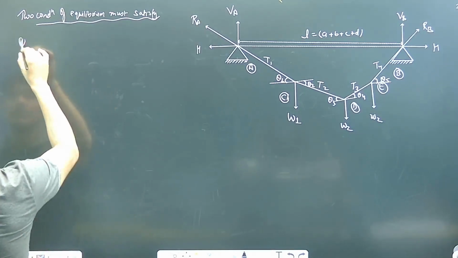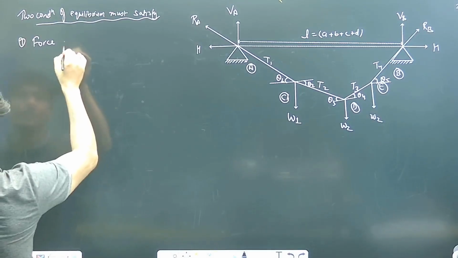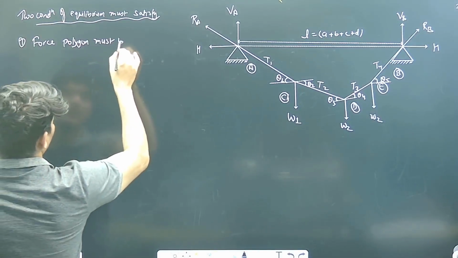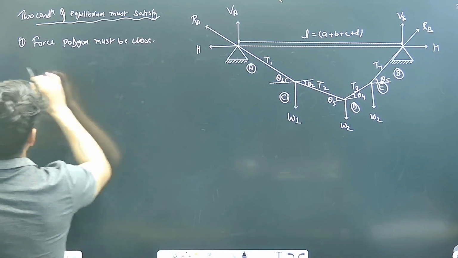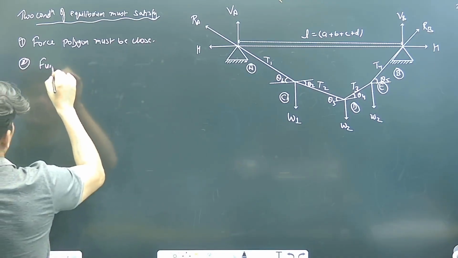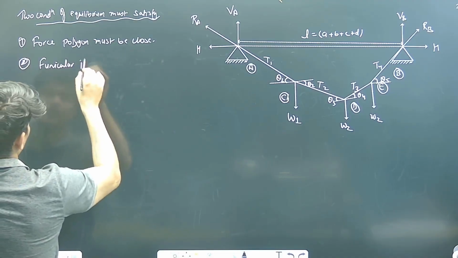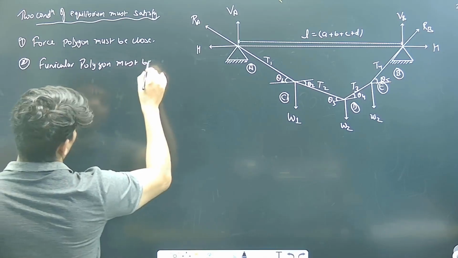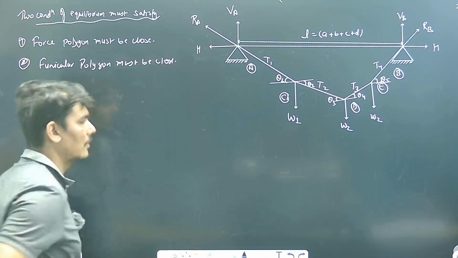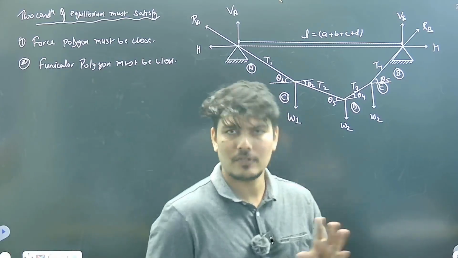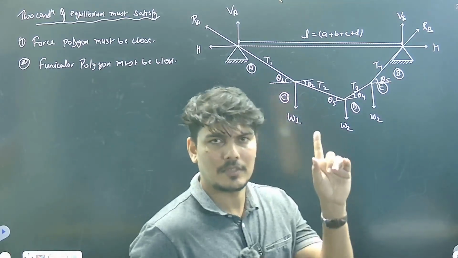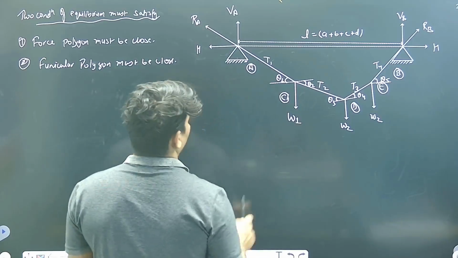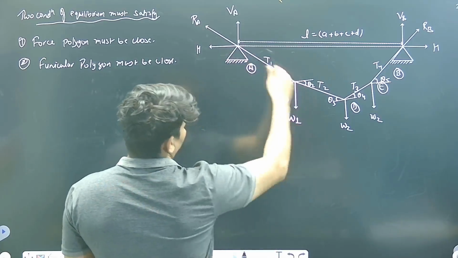Condition is, first, the force polygon must be closed, and then the funicular polygon must also be closed. Now what is this? Let me draw the force polygon, you will understand that. Mechanics में already पढ़ चुके हैं. How to draw that? Suppose this is a tension T1.